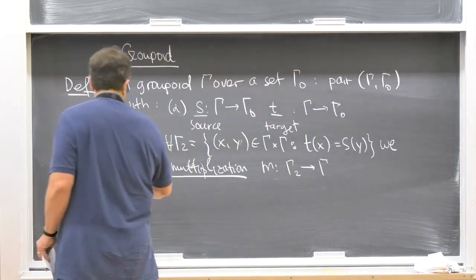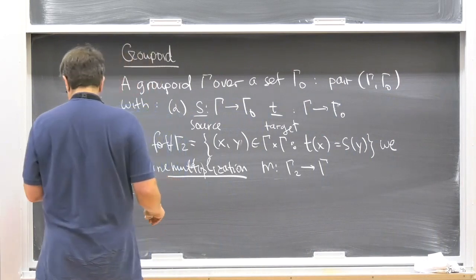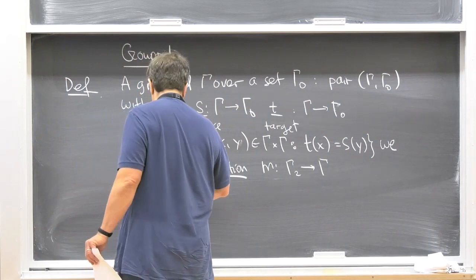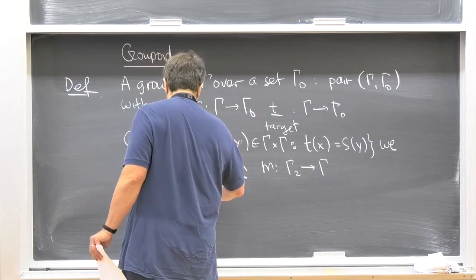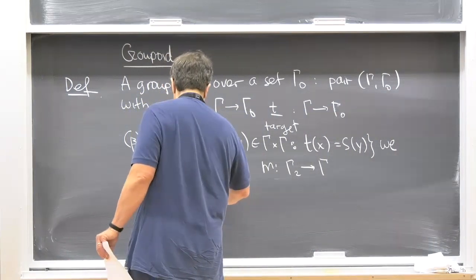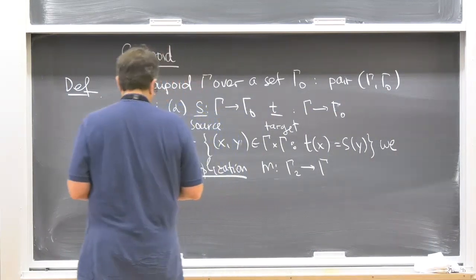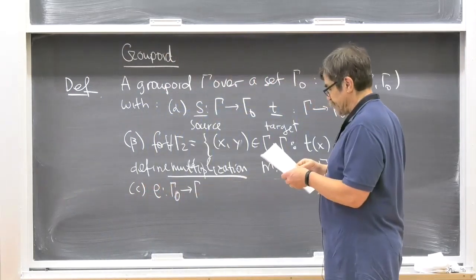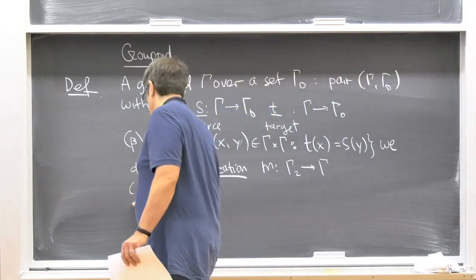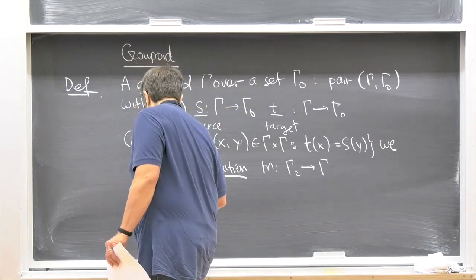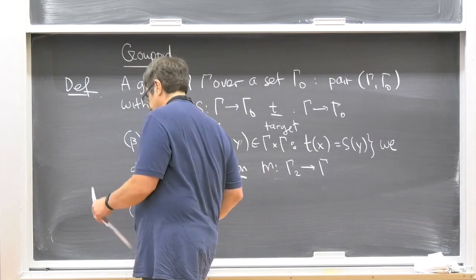And we have two more maps. One map will play a role, the identity map, so we can always map from gamma naught to gamma, taking some special transformation. And we have inversion, so inversion possibly will not play a very important role nevertheless.